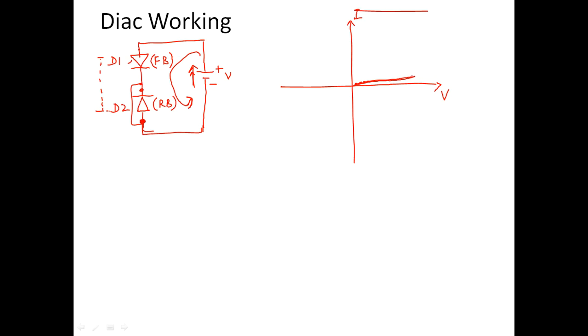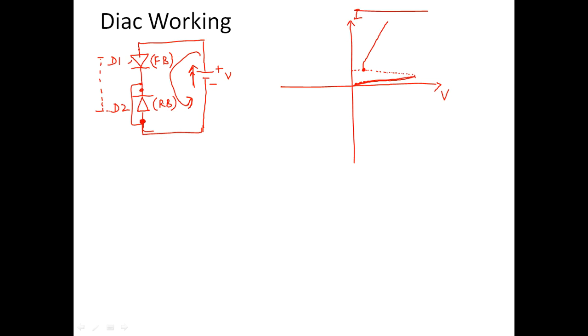And as V increases, there will be a sudden drop in the voltage across the depletion region, and at this point there is a sudden surge in the current. That is just due to the SCR action.